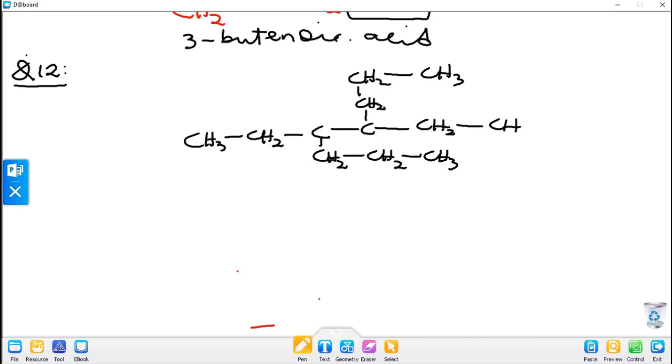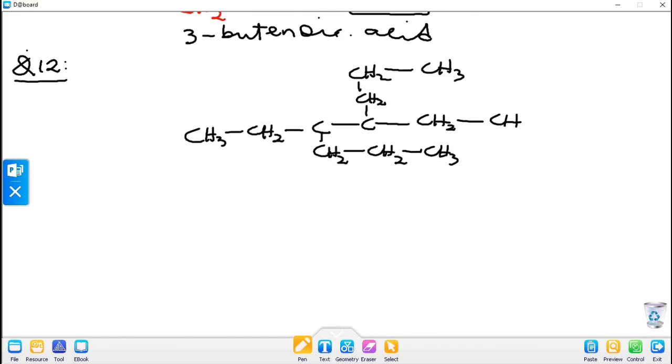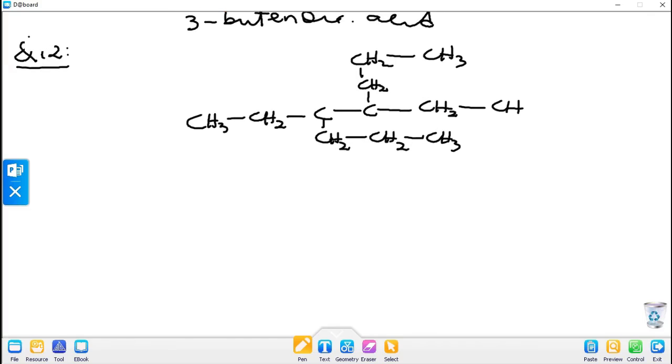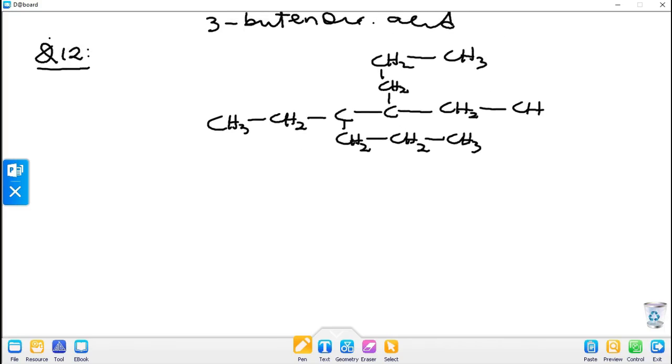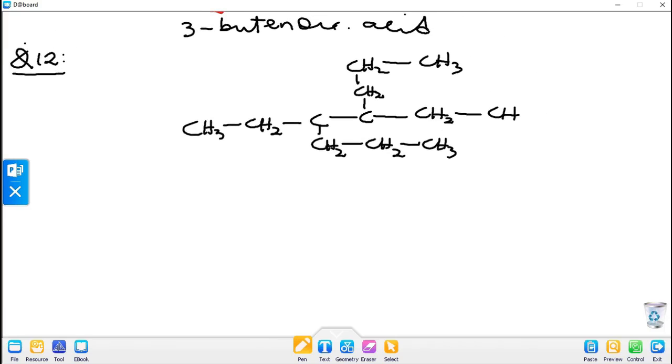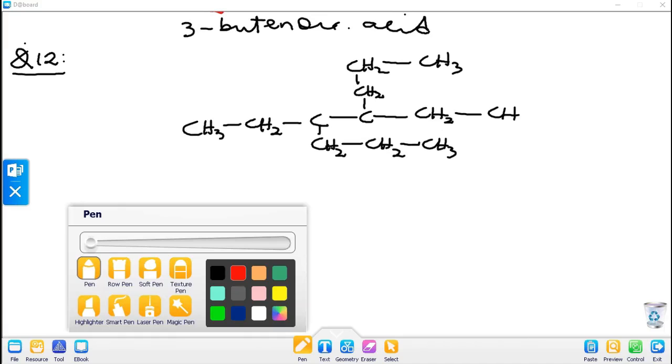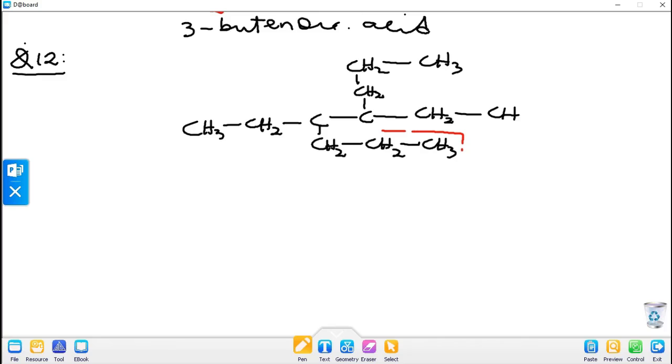Let's take away this. So we have a chain that goes this way up. Okay, we got it like this now. So we have a chain that goes like this.